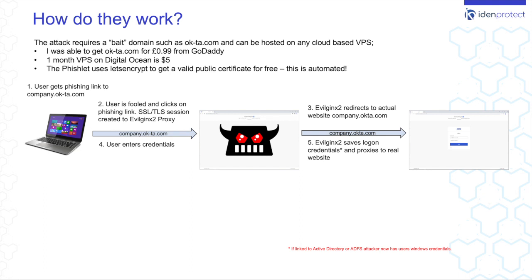It's able to do this because it's performing SSL decryption and then re-encryption to send the credentials on to the right site. Now, bear in mind if you're using a platform that uses ADFS, for example, at this point, Evilginx2 has harvested domain credentials.